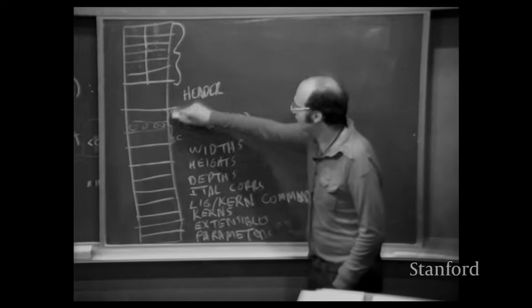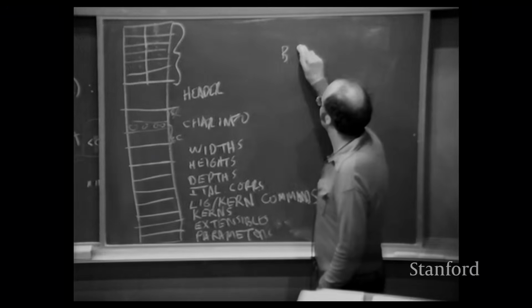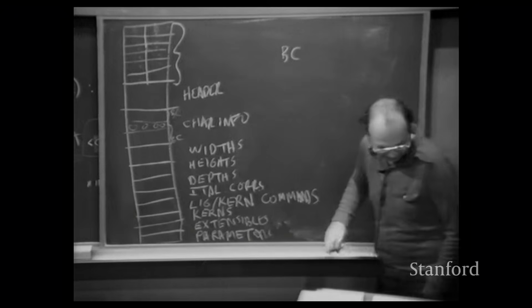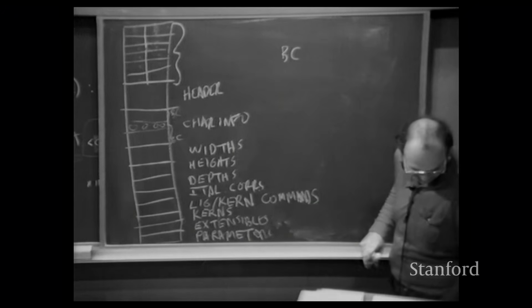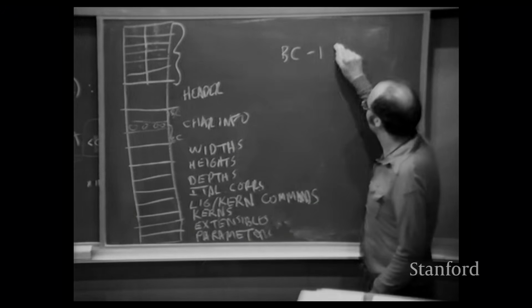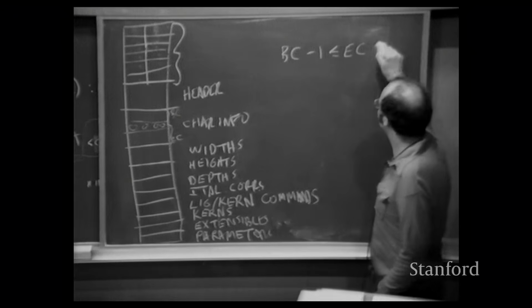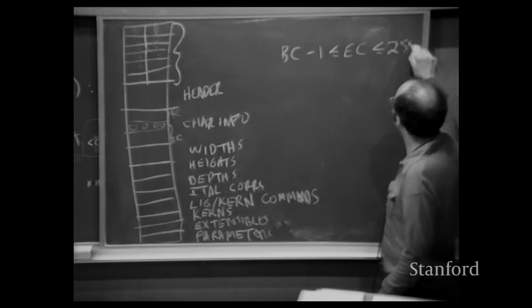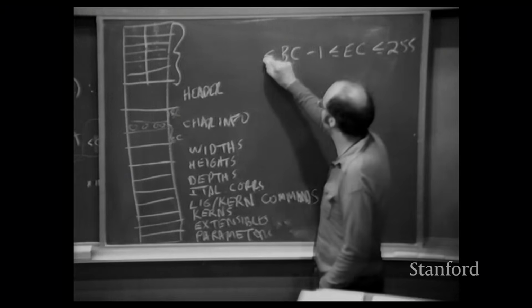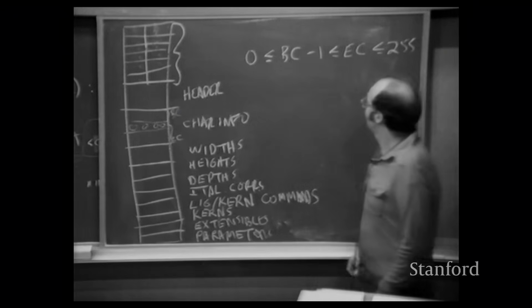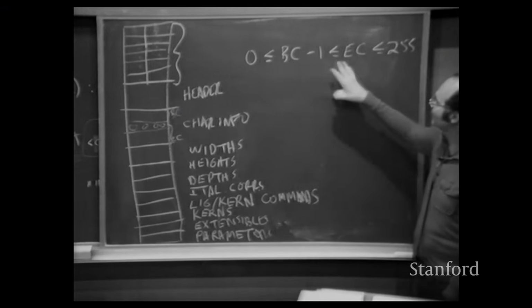Now, the beginning character and ending character are supposed to satisfy the relation BC minus 1 less than or equal EC less than or equal 255 inside of TeX82. I'm not saying that BC has to be less than or equal EC.